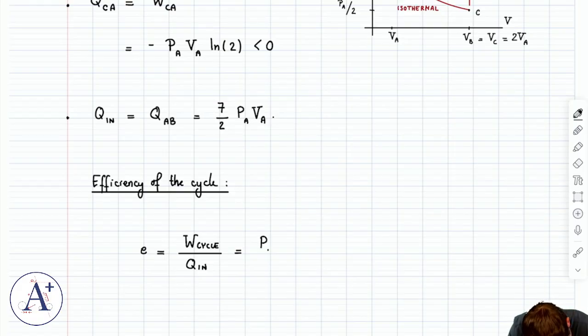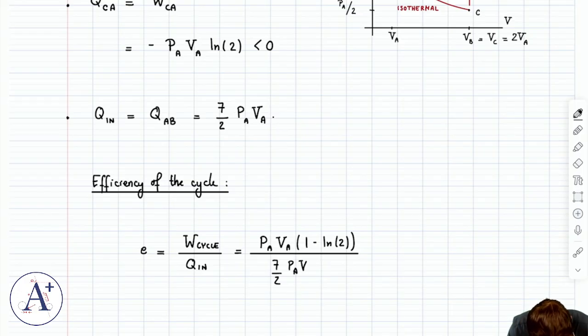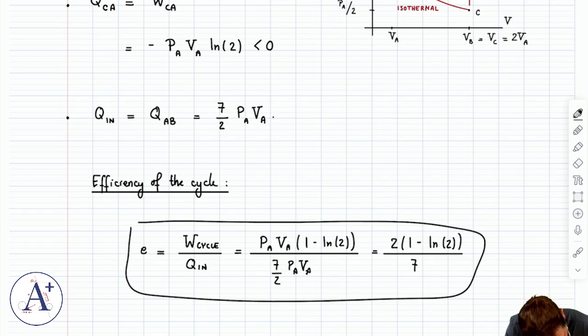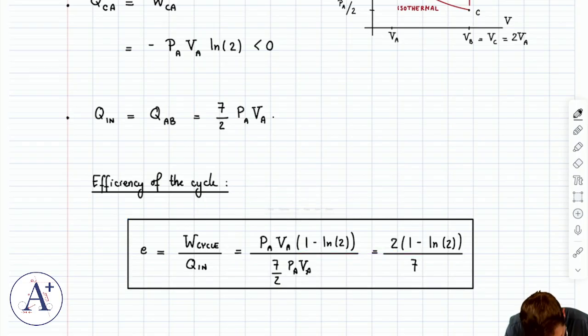That is going to be PA VA times 1 minus ln of 2 divided by 7/2 of PAVA. That is going to be 2 times 1 minus ln of 2 divided by 7. All right. There we go. That is my efficiency. Can't really do better than that, not without a calculator, but this is good enough.